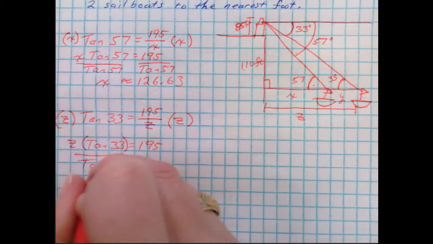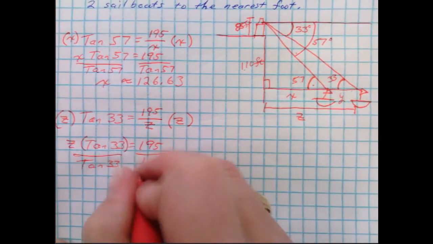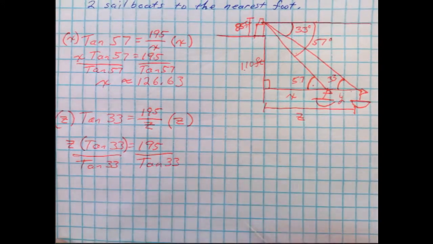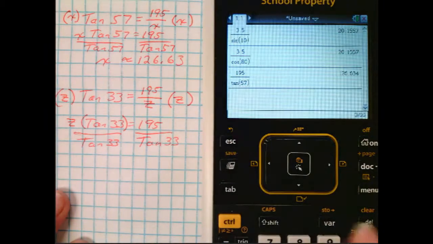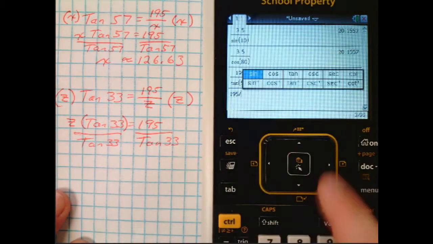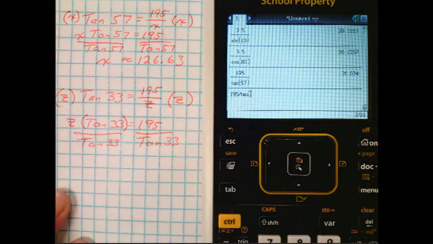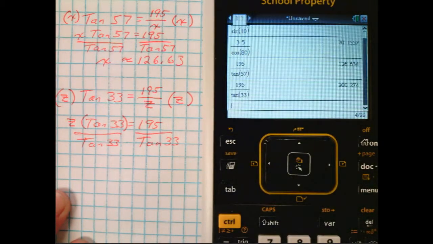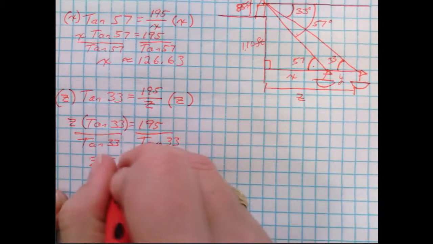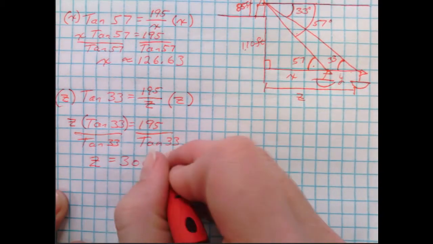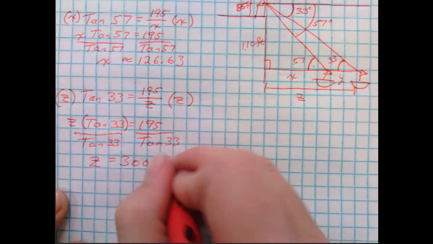Divide by our tangent of 33. So we get z by itself. So on our calculator, we're going to do 195 divided by trig functions. We're going to go to tangent again. Tangent, this time it's 33. And I get 300.274. So z equals 300, let's go 2 places again, that's 300.27.